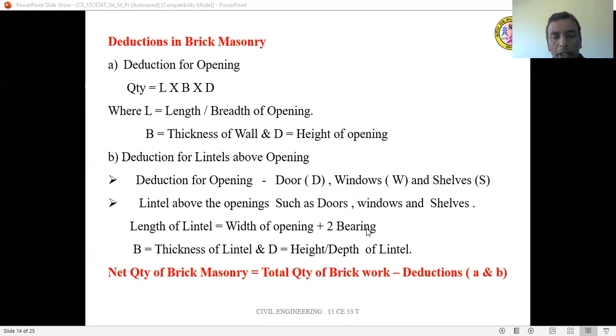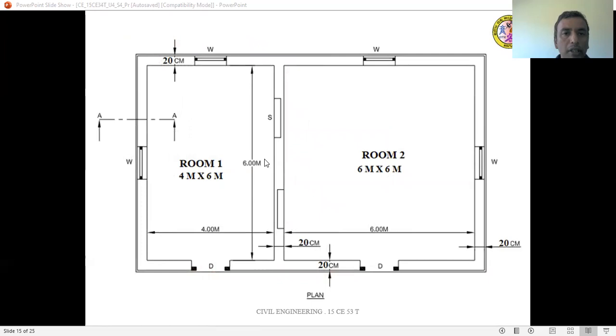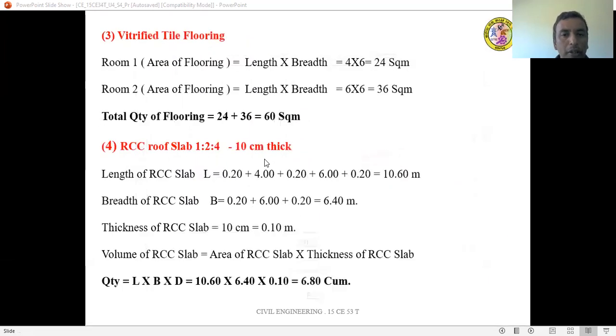Bearing is commonly assumed as 0.15 meter on one side, where B is equal to the thickness of the lintel and D is equal to the height or depth of the lintel. Net quantity of brickwork is equal to total quantity of brickwork minus deduction. You will get the actual quantity of brick masonry in a building. Okay, this is the plan of the building.